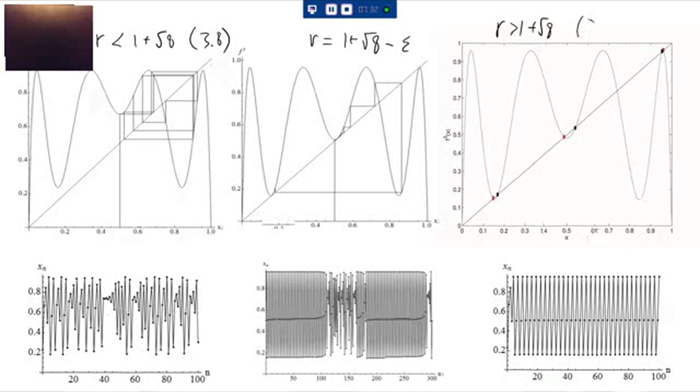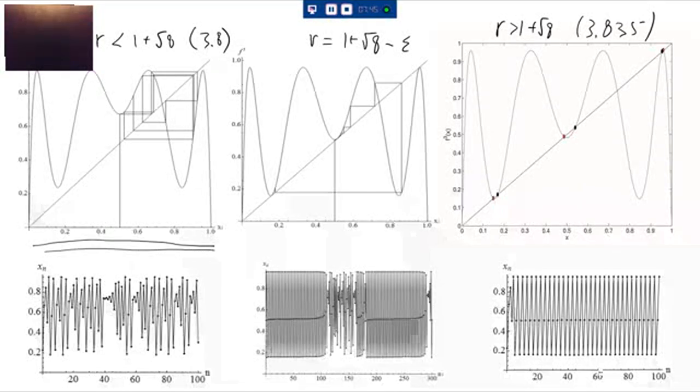I think it was 3.835 or something like this. I don't remember. So here we don't have 3-periodic solutions, and when r is less than 1 plus square root of 8, we have chaos. When r is more than 1 plus square root of 8, not significantly more, just a bit more, then we have 3-periodic solutions.